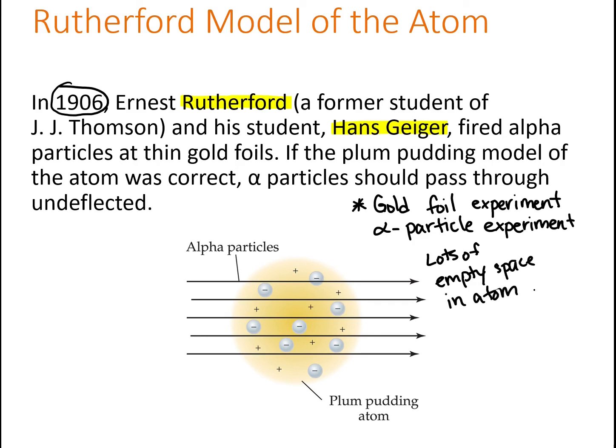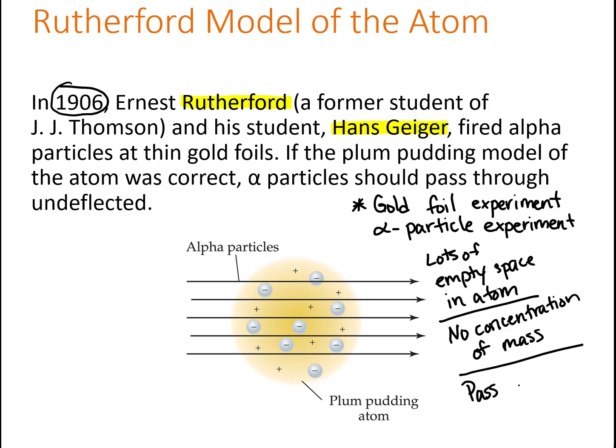And there wouldn't be any kind of concentration of mass. So that would mean all the alpha particles, which are pretty heavy, would just pass right through. They'd go right through the foil, and they wouldn't be deflected at all.